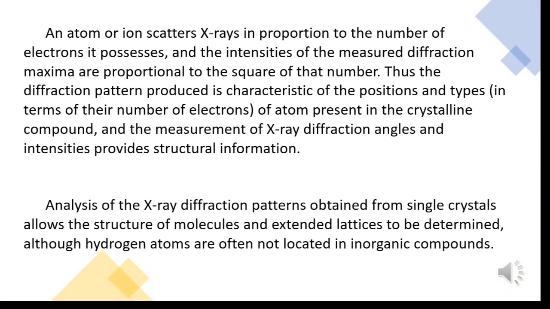An atom or ion scatters X-rays in proportion to the number of electrons it possesses, and the intensities of the measured diffraction maxima are proportional to the square of that number. Thus, the diffraction pattern produced is characteristic of the positions and the types of atoms present in the crystalline compound, in terms of their number of electrons, and the measurement of X-ray diffraction angles and intensities provides structural information.